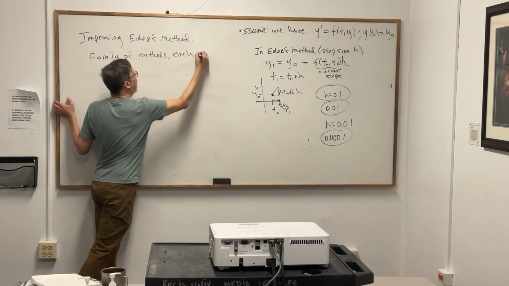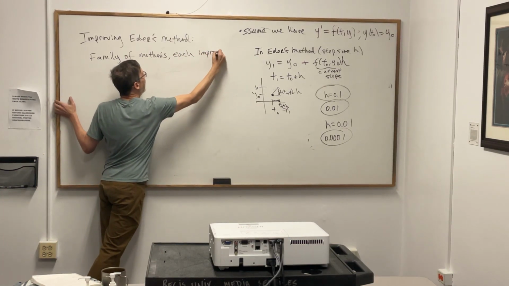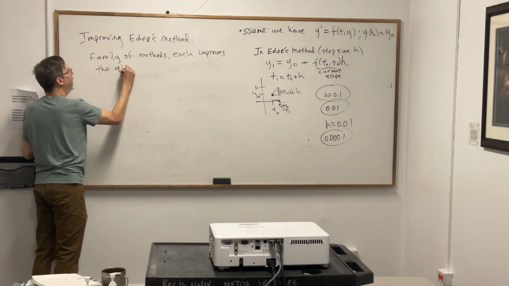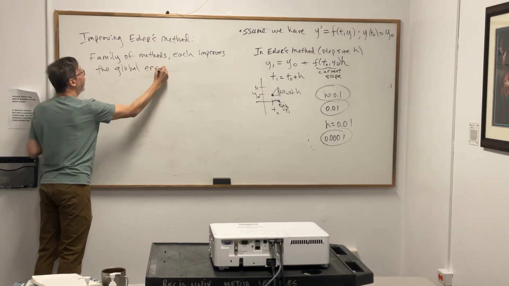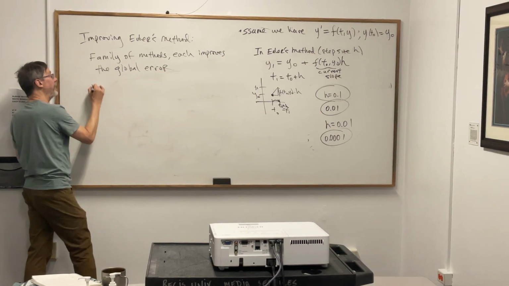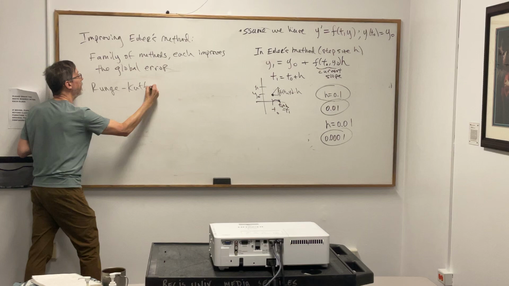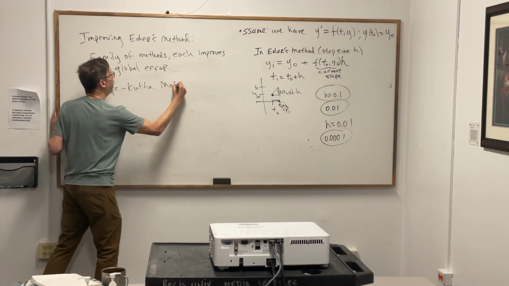Each improves the global error. And these methods are called Runge-Kutta methods. Runge with an E, Kutta methods.